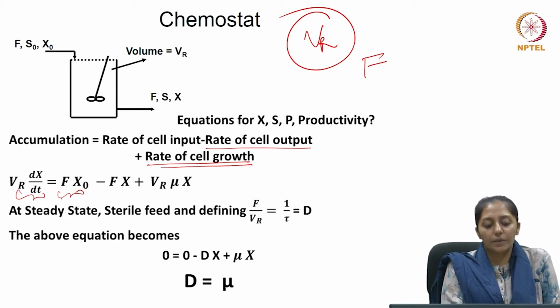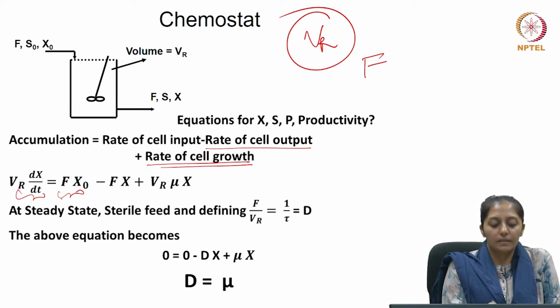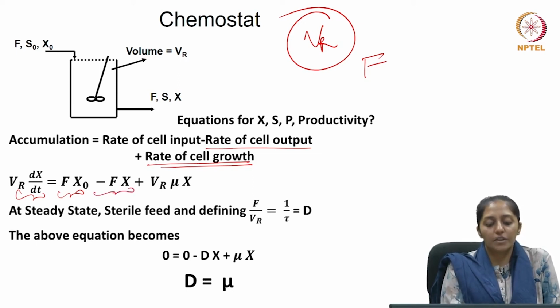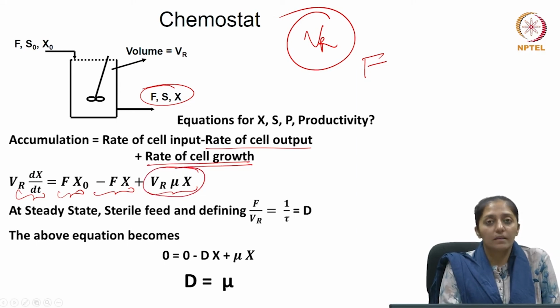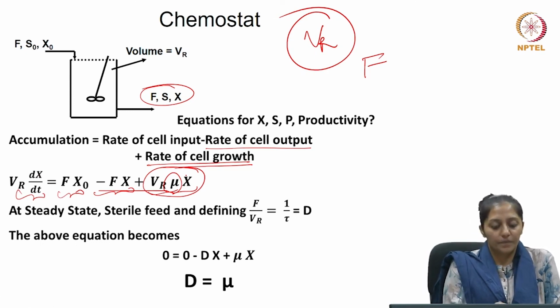This is the rate at which the biomass is coming inside the reactor. This is the rate at which the biomass is leaving the reactor, and this is the rate at which the biomass is growing inside the reactor, at the specific growth rate.